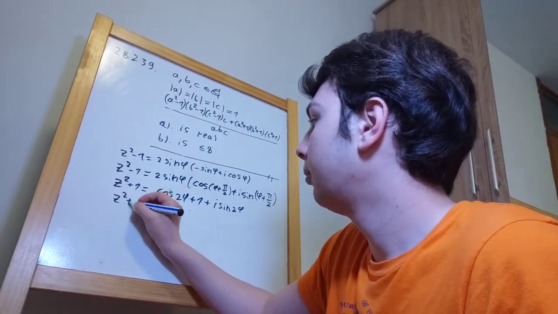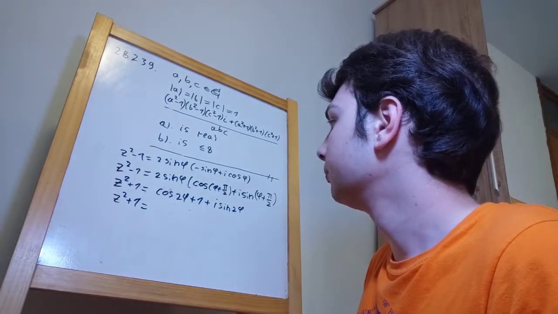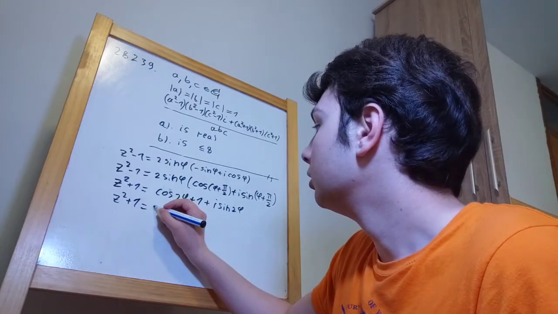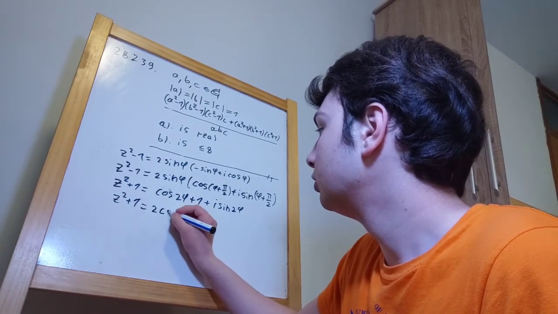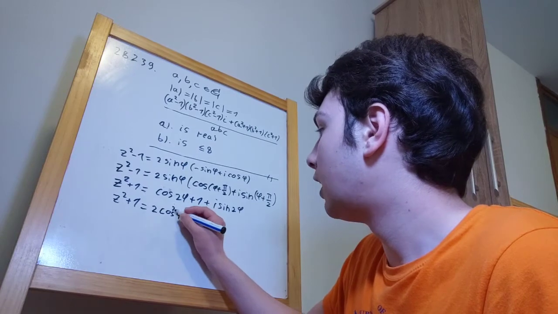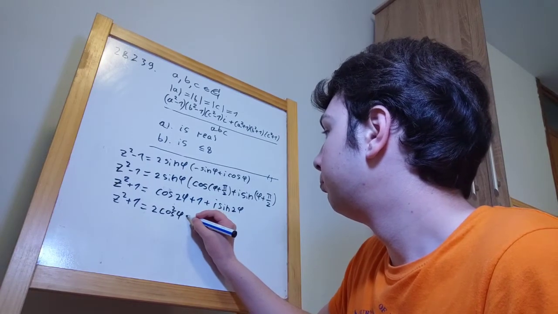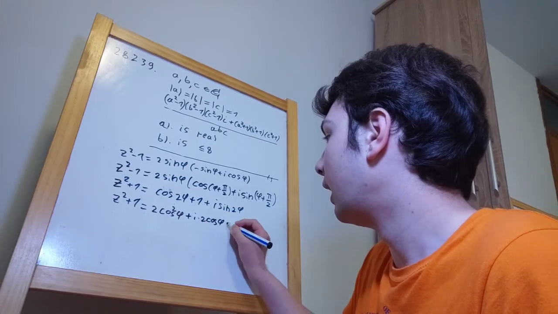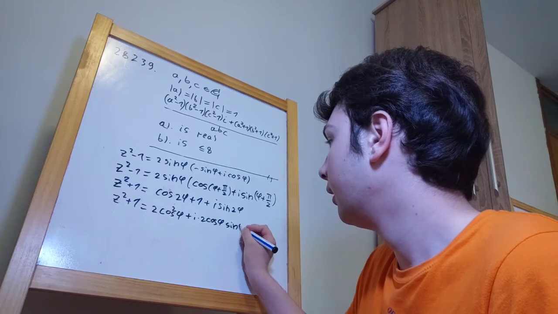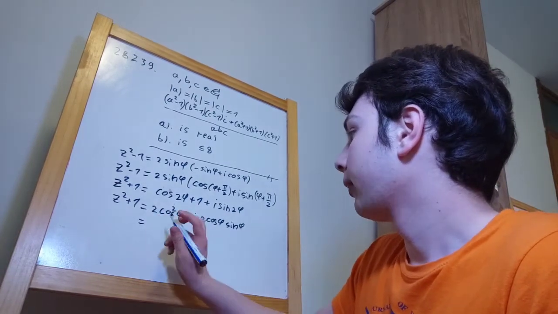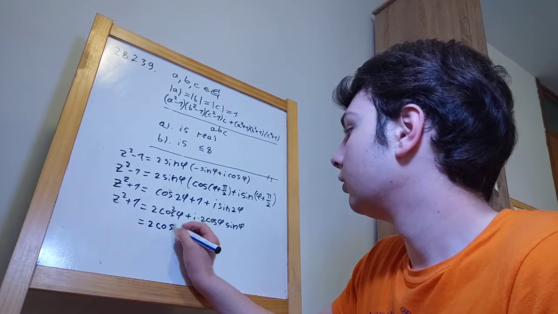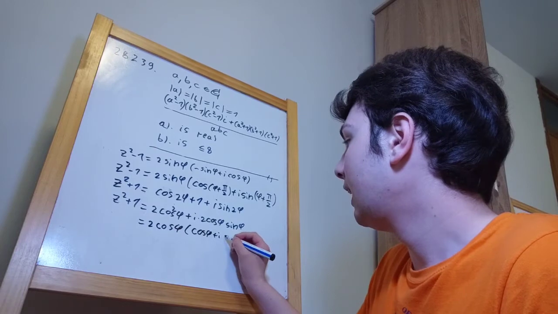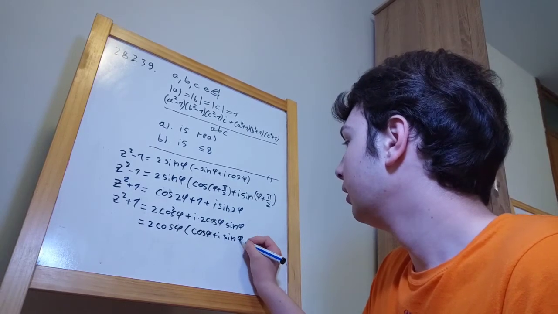So what we get is z squared plus 1 is equal to 2 times cosine squared of phi plus I times 2 cosine of phi sine of phi, and this is equal to 2 cosine of phi times cosine of phi plus I sine of phi.